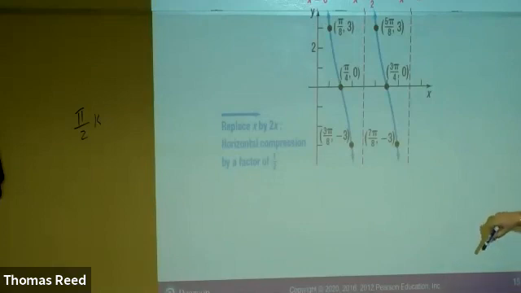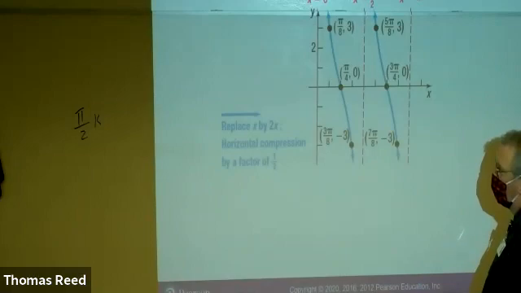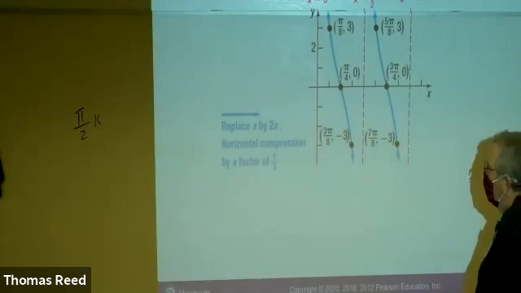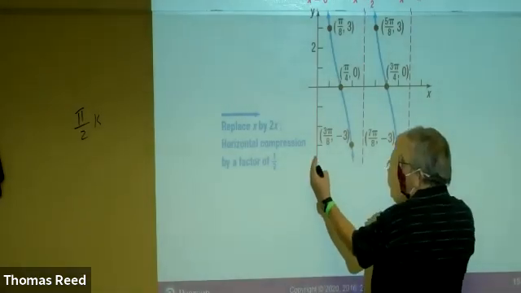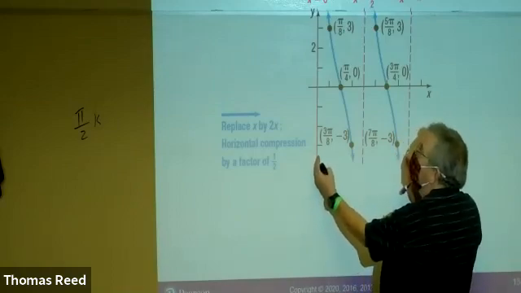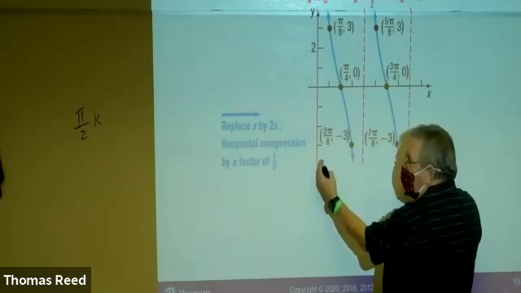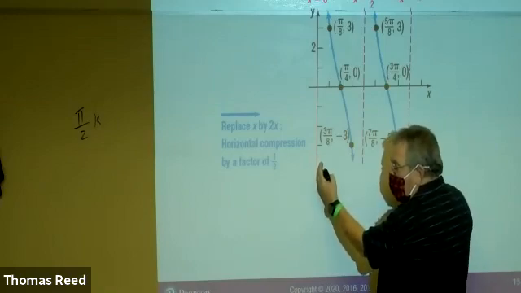Replace the x by 2x, you get a horizontal compression of 1/2 pi. So inside of the period for cotangent of x, you have 2 periods of cotangent 2x.